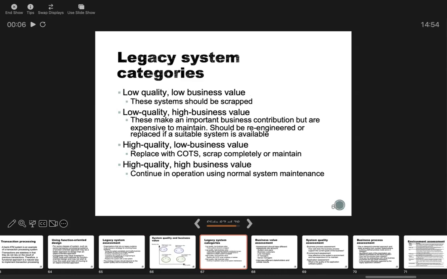But if we have high technical quality but low business value, we can scrap it completely and replace it with a change of technical system. And if we have high technical quality and high business value, definitely we can continue with it; though it's an old system, it is still performing well.